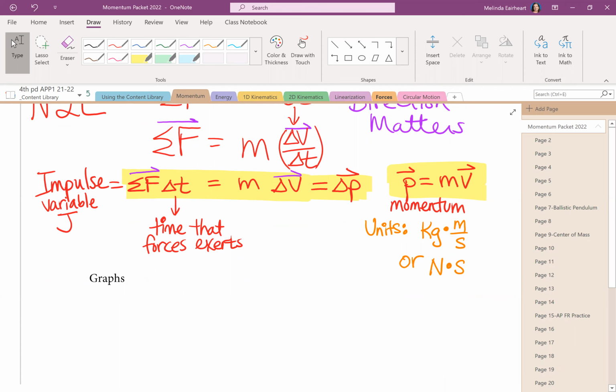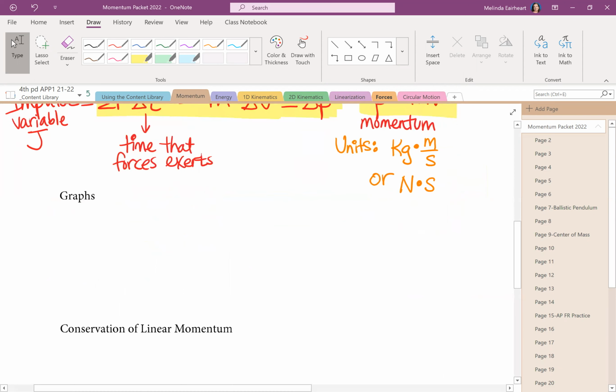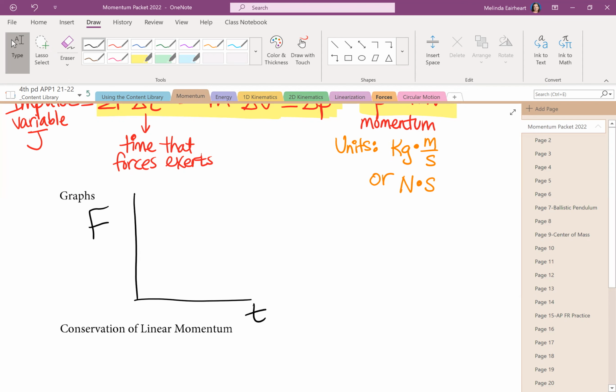Okay. Graphs that we may see with momentum, well, velocity is still involved, so you could still have velocity time graphs, but your newish one, in work we saw a force times position graph. Here we have a force versus time graph. Now let's not make it too easy on ourselves. We could have a constant force. That could be easy enough.